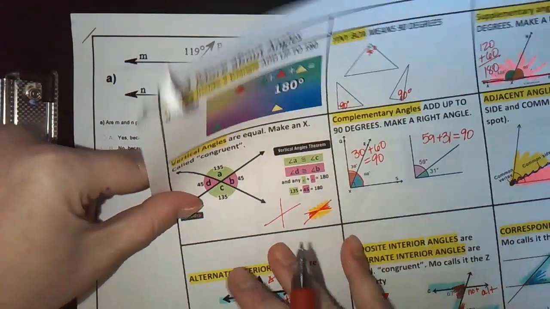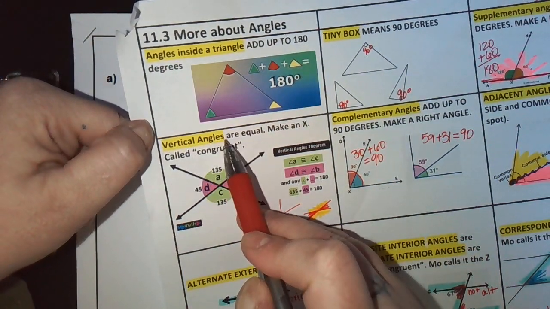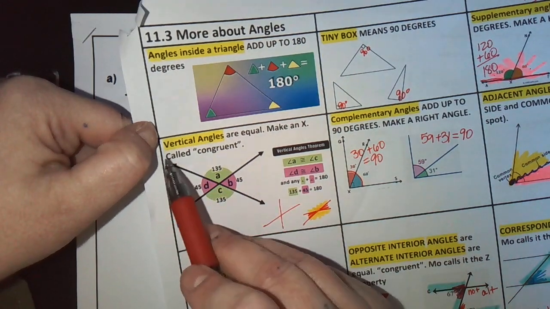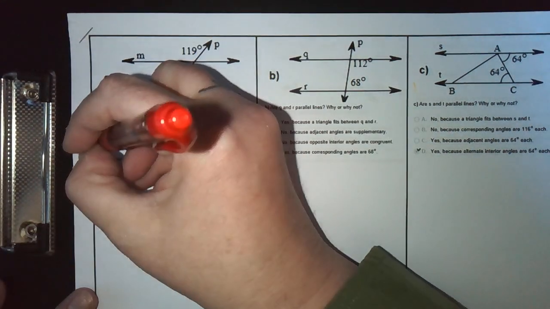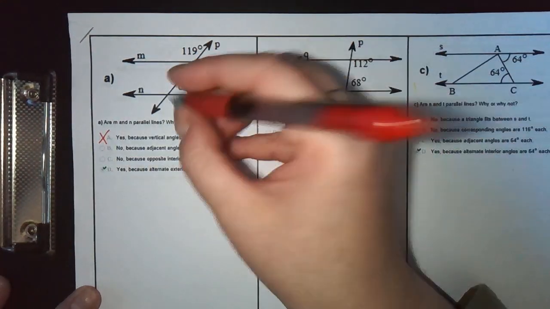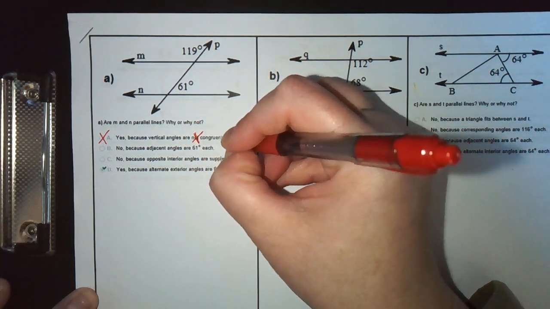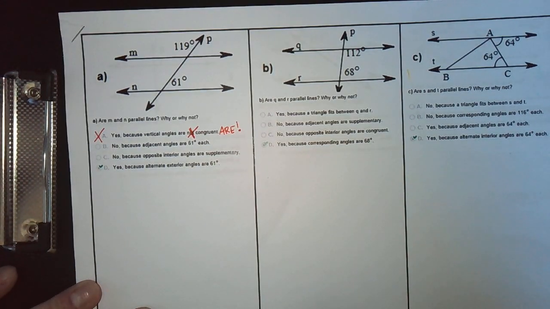Well, if we look at our definition, it says vertical angles are congruent. They are equal. They're called congruent. So this answer choice is automatically out because vertical angles are congruent. So that's just a bad statement overall.